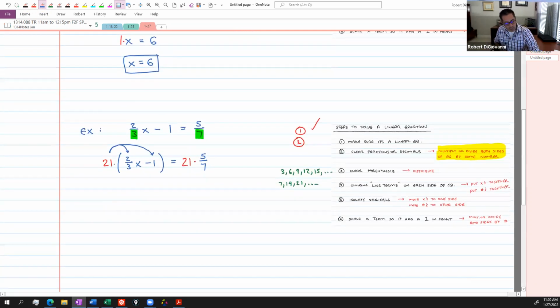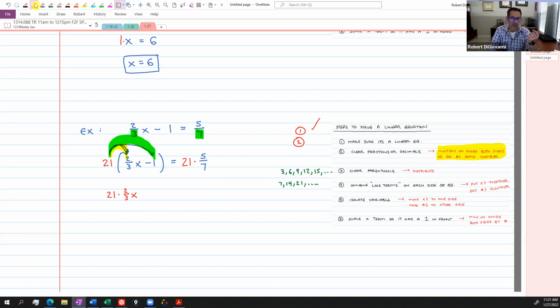When I multiply 21, this first multiplication right here, highlighted in yellow, I'm going to write it down in detail. It's 21 times 2/3 x, right? That's what I'm doing. And then the second multiplication, the one here in green, I'm doing 21 times -1, right?